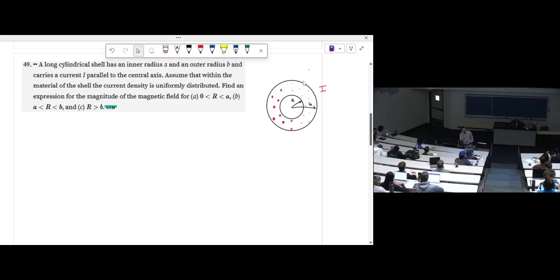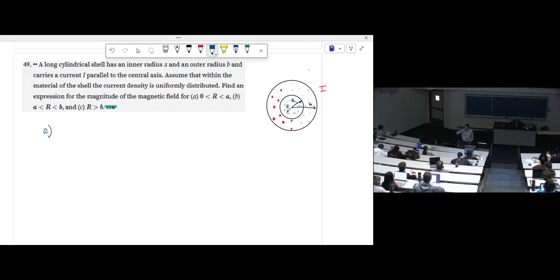So how do we calculate? Well, first off, for a contour for R less than A, what is going to be the magnetic field inside of that region there? It's 0.